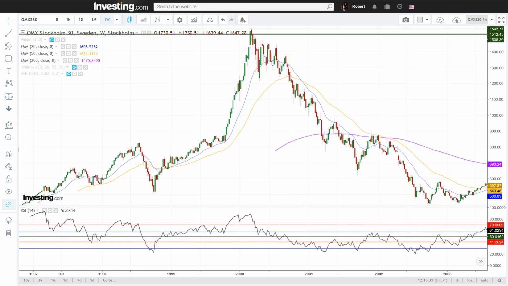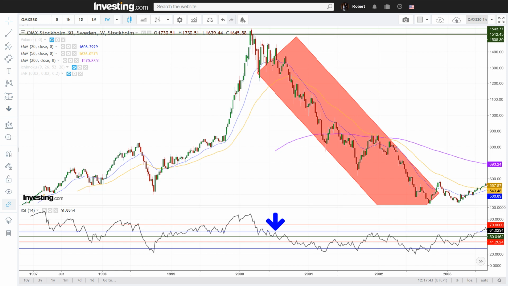Prior to a markdown, for example, the 2 characteristics of such to come are first of all a steadily declining RSI from high levels around and above the upper bullish red and down below the upper bearish blue, which the RSI will also then struggle to break above. And secondly, after ideally having tested the green RSI line, the RSI then needs to make a clear touch on the upper bearish blue upon which a markdown is likely to be ready.